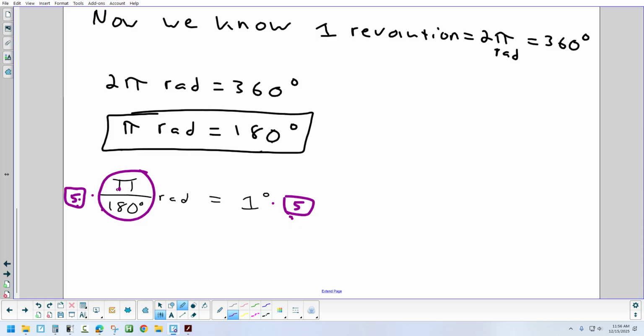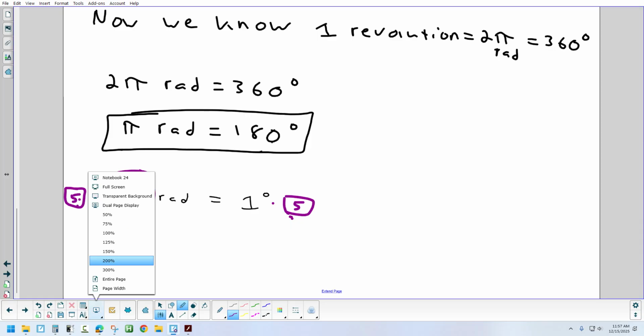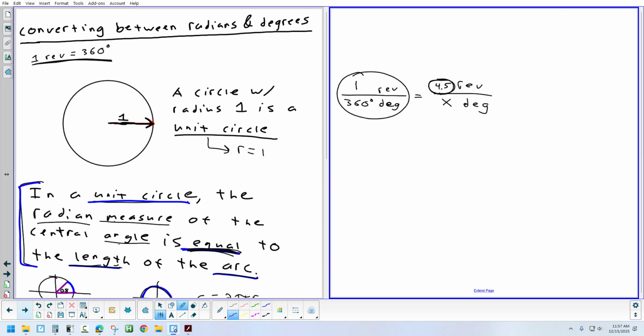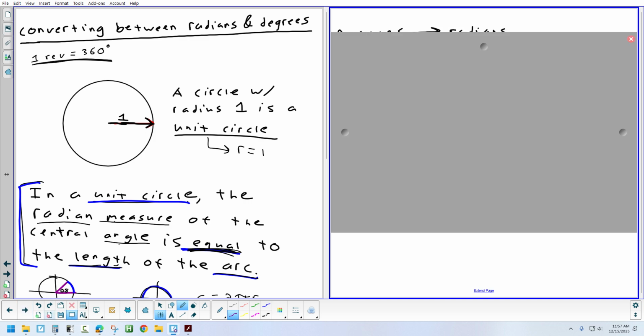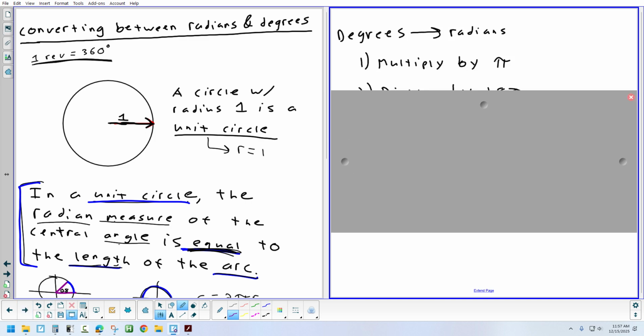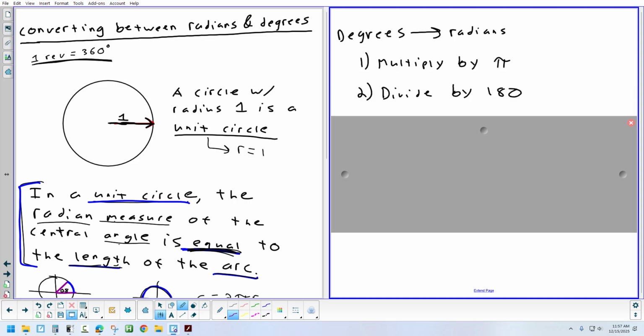Multiply by pi, divide by 180. Those are the 2 steps. What do you think I have right here? Multiply by pi and divide by 180. So that's degrees to radians.